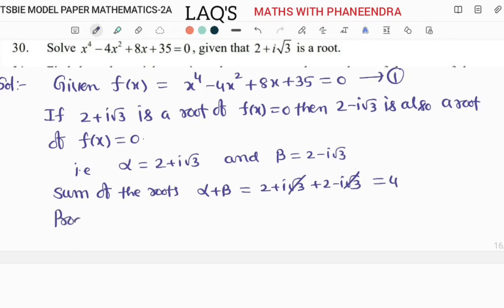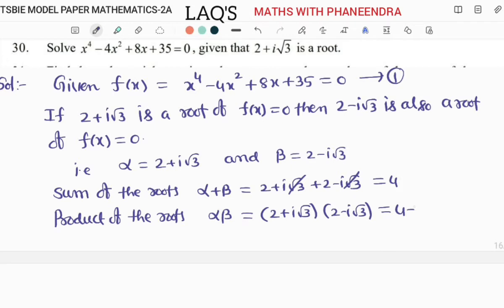Product of the roots, alpha into beta, 2 plus i root 3 into 2 minus i root 3 is equal to 4 minus i root 3 whole square, i square into 3. So minus of minus 1 plus 4 plus 3, 7 will come. So the quadratic equation whose roots are 2 plus i root 3, 2 minus i root 3, means what? The equation.